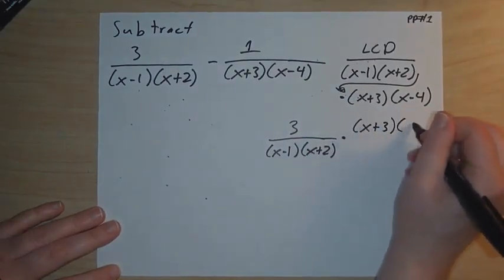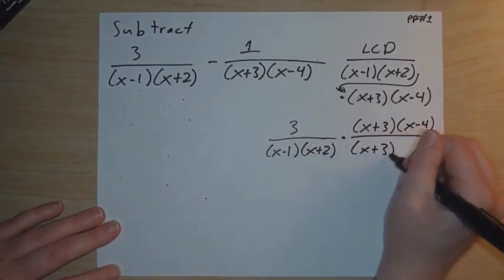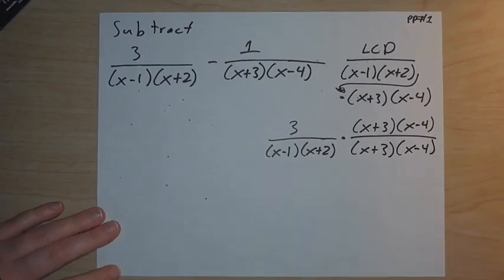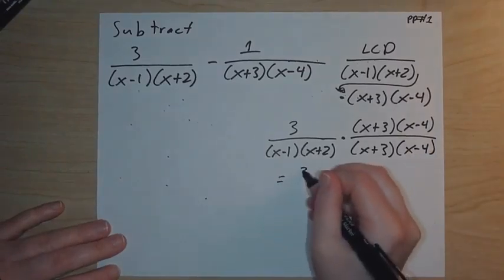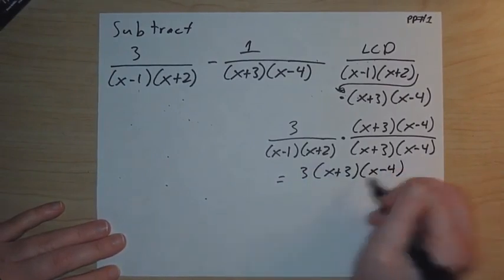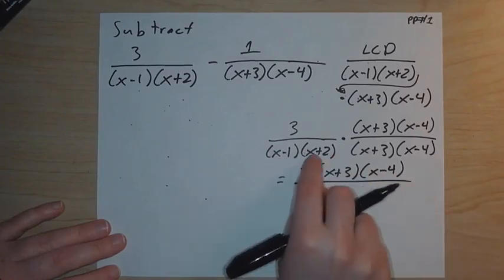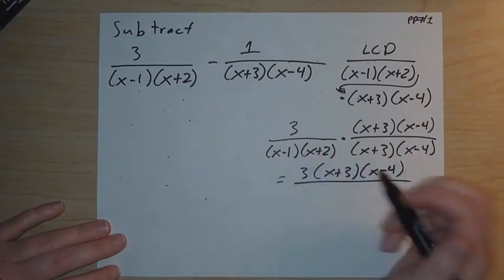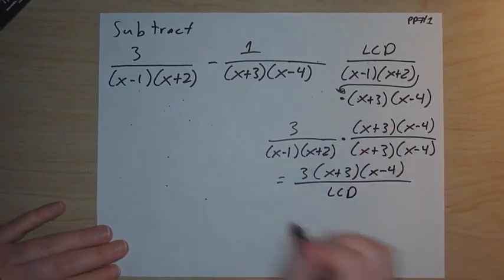But we don't want to make it be different, so we do it over itself. And so this is going to be the fraction of 3 times x plus 3 times x minus 4 all over, and since it's a really long fraction, I'm just going to write LCD, so whatever the LCD is.